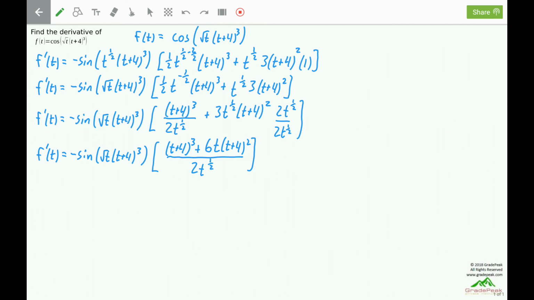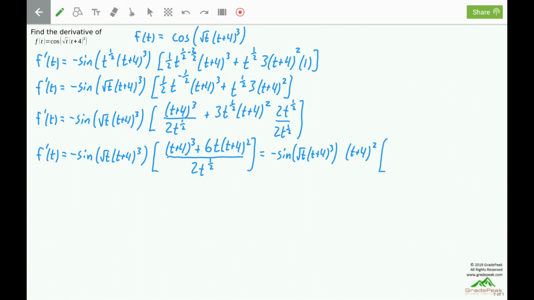The next thing I can do is start to factor the numerator because I have powers of t plus 4. I have a power of 3 there and a power of 2 there. I can take out the lower power, which is the power of 2. So I will have a (t plus 4) to the power of 2 factored out.